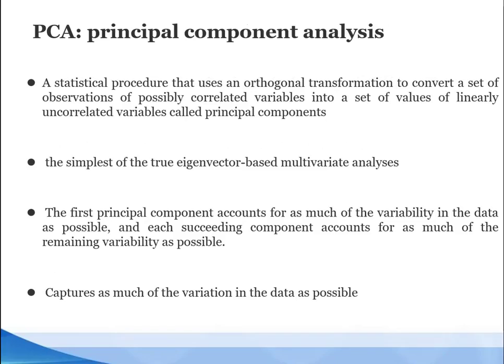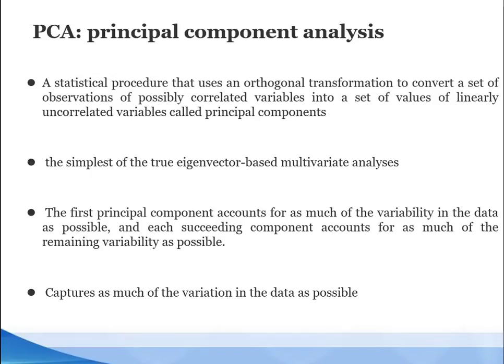The principal component analysis is a statistical procedure that uses an orthogonal transformation to convert a set of observations of possibly correlated variables into a set of values of linearly uncorrelated variables called principal components.